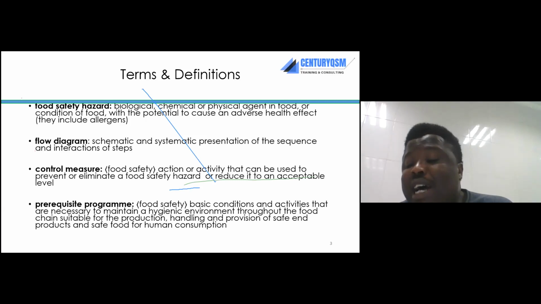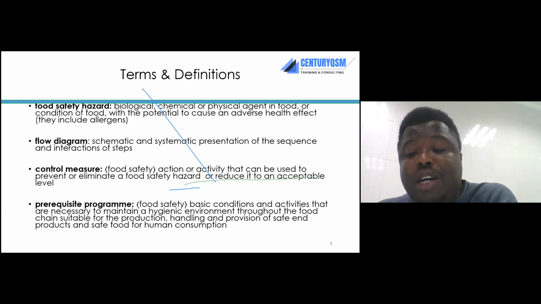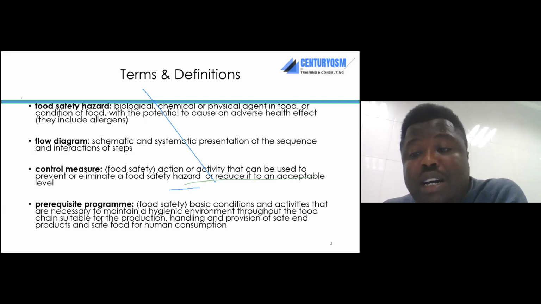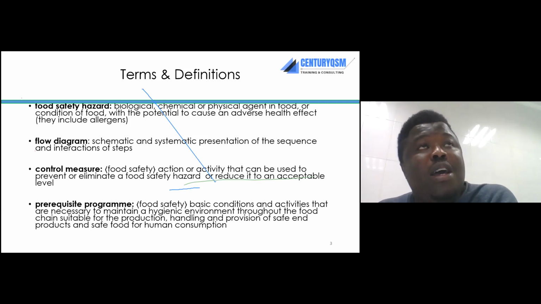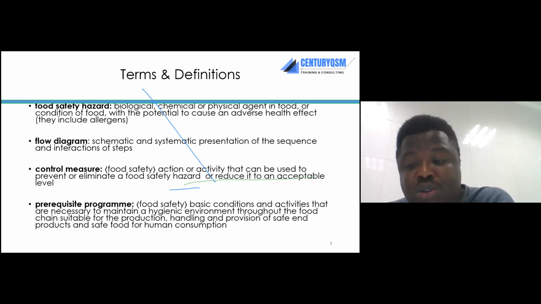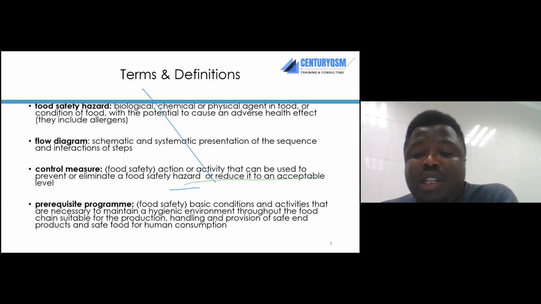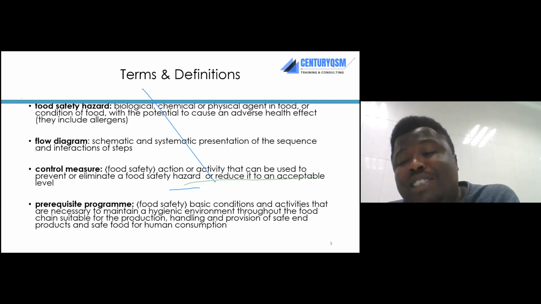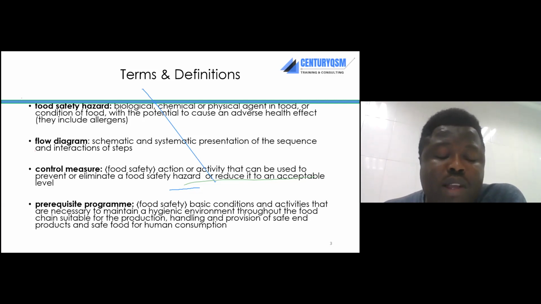Then physical hazards are basically hazards that are due to presence of extraneous material like paper, nail, biro, your hair. They are all things that you classify as physical hazard.